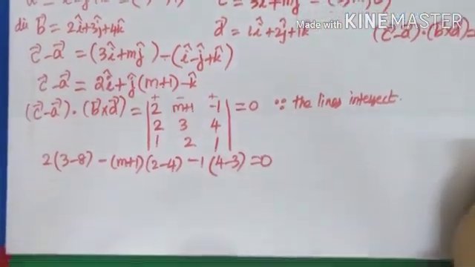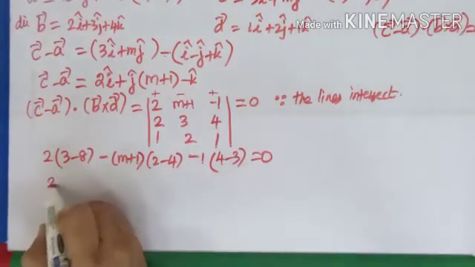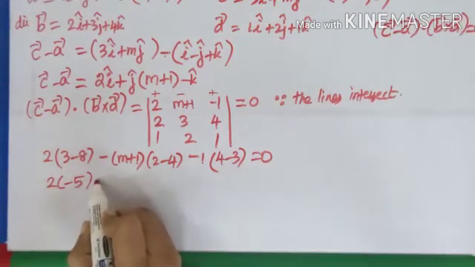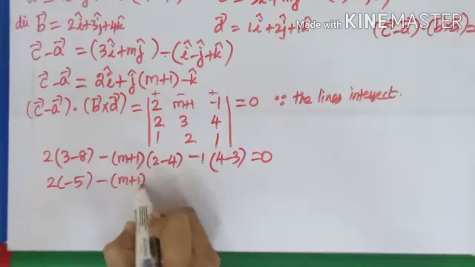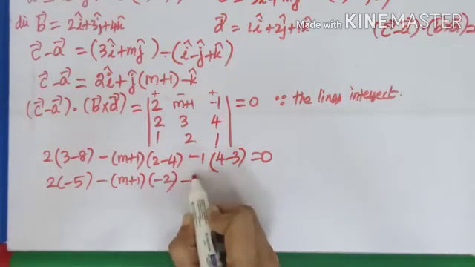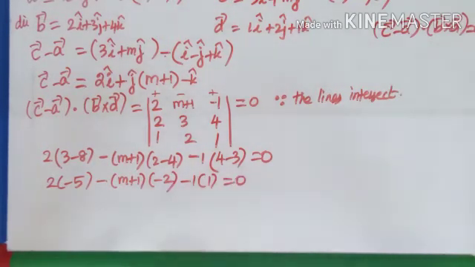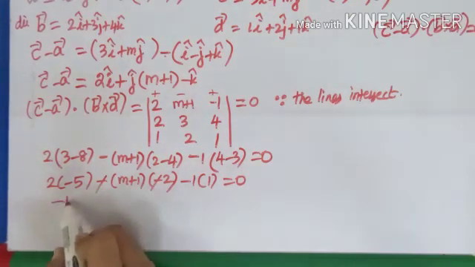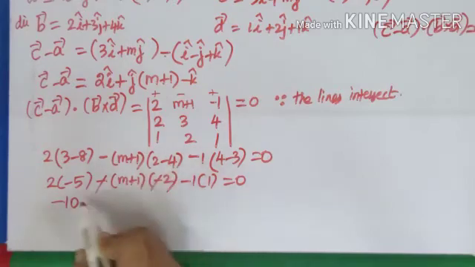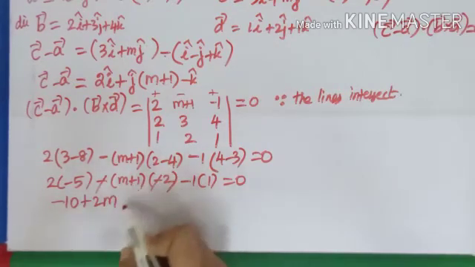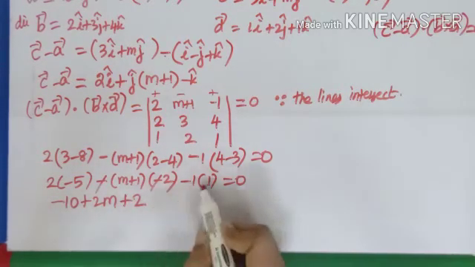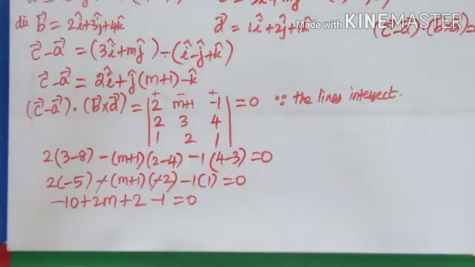Expand this to get m value. 2 into minus 5 minus m plus 1 into minus 2 minus 1 into 1 equal to 0. This minus and minus I can cancel. Minus 10, 2 into m, 2m, 2 into 1, 2, minus 1 equals to 0.